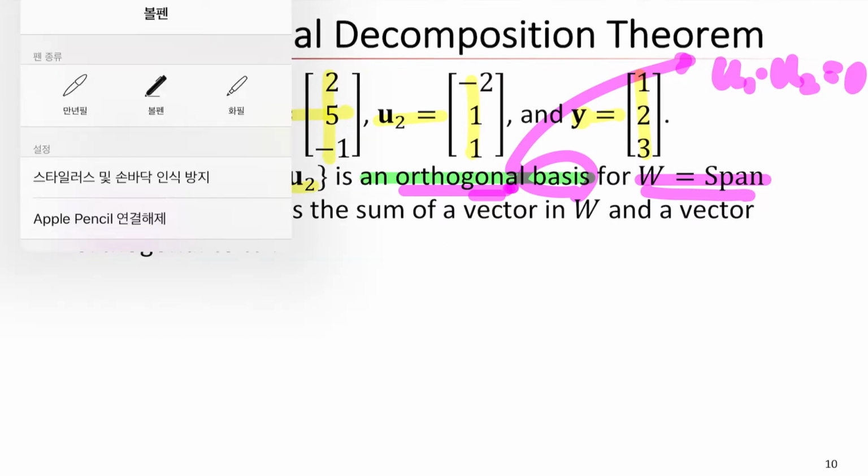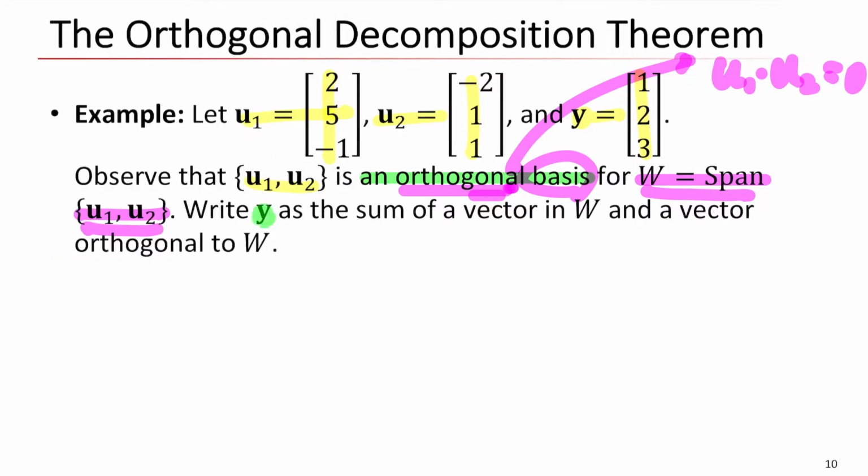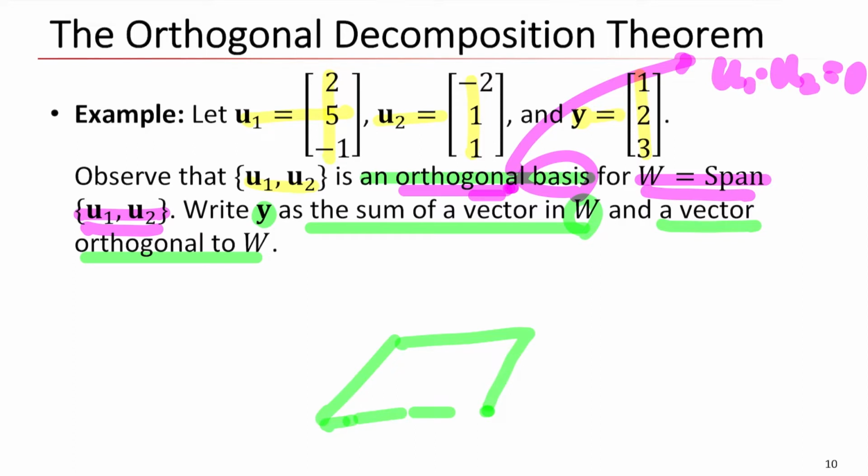In this case, write y as the sum of a vector in W and a vector orthogonal to W. Let's say there is u1 and there is u2, and this is the subspace W, the span of u1 and u2, and vector y is here.